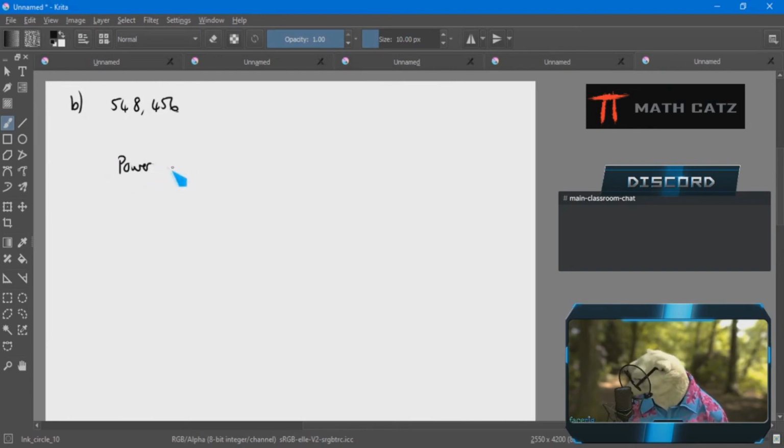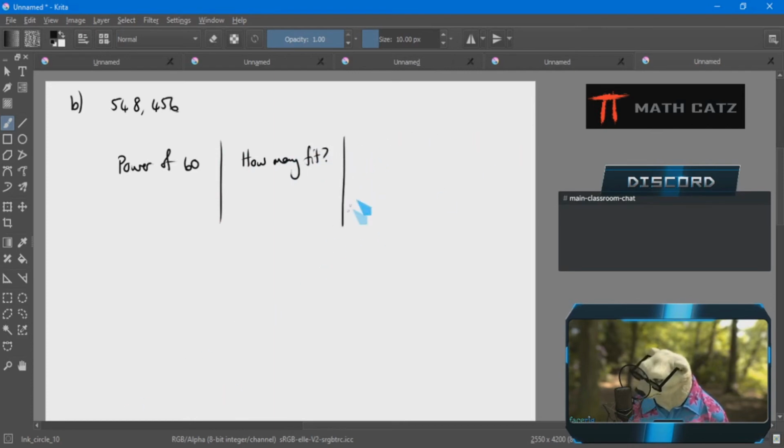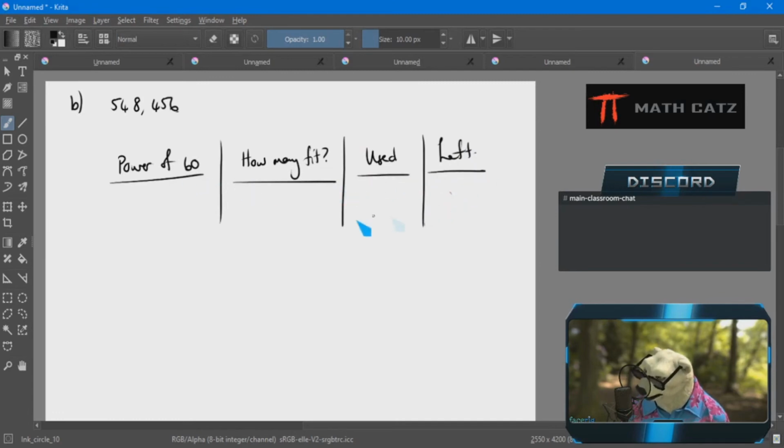So I want to know which powers of 60 can I use. I will look at how many of those, once I look at a specific one, will fit. I'll see how much I've used at that stage and what is left. That is what I'm going to do.